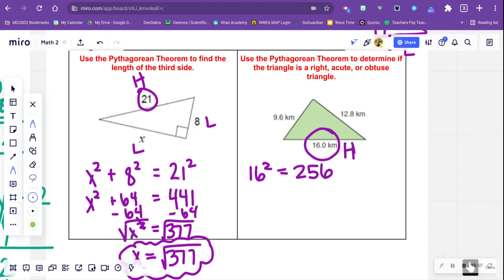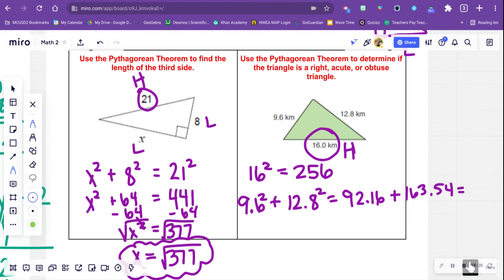And then I'm going to do the leg squared plus the leg squared. So 9.6 squared plus 12.8 squared. And I definitely used a calculator because they are decimals, but you get 92.16 plus 163.54. And if you add those together, you get exactly 256.